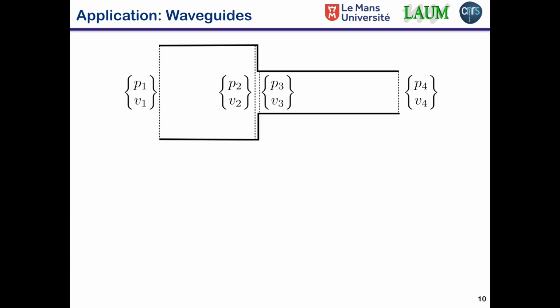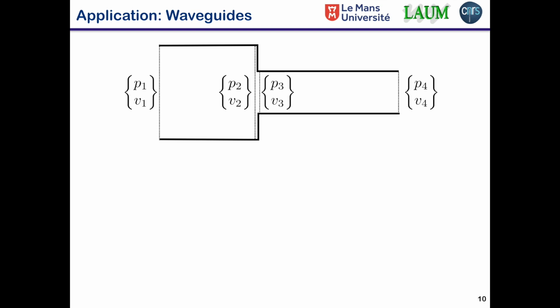Let's now consider a system which is a bit different, but at least we will see that we can use matrix-matrix multiplication. So here we have, in fact, two ducts, and here there is a junction, and the diameter of the ducts is not the same. Let's suppose that we are under a plane wave assumption.